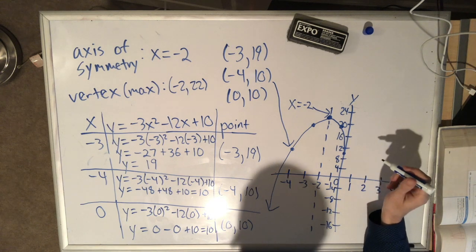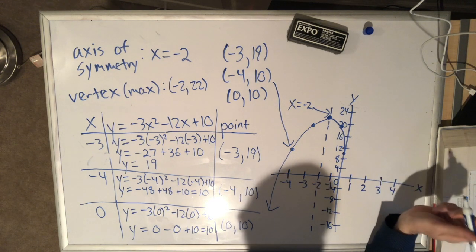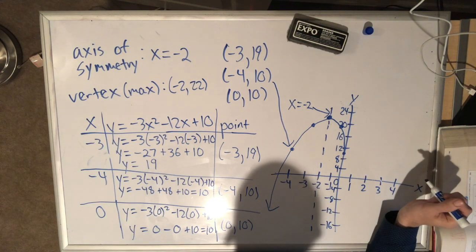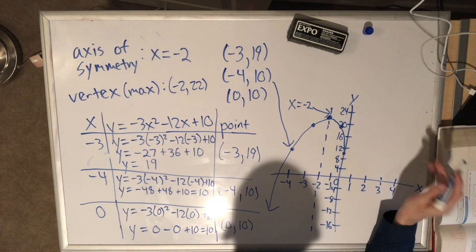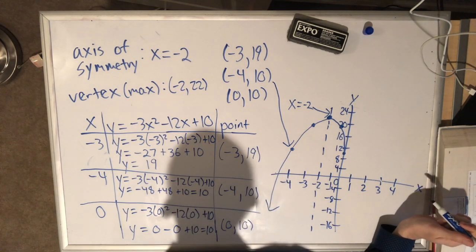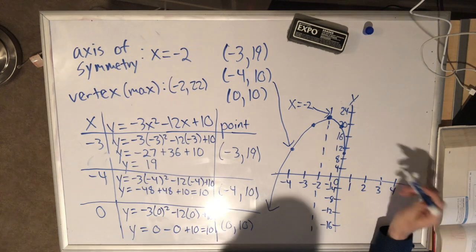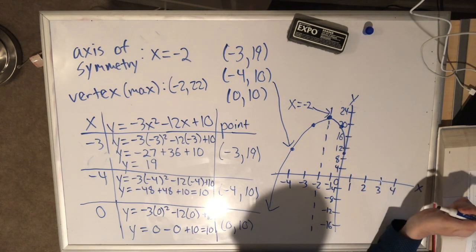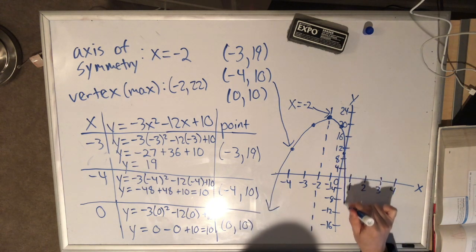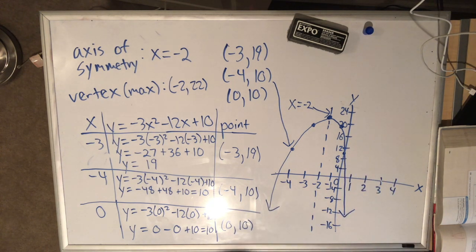And we don't know exactly where it crosses the x-axis because you haven't learned the quadratic formula yet. And the equation y equals -3x squared minus 12x plus 10 is probably not factorable. So let's not worry about getting the exact x-intercept. So let's just extend the parabola, draw an arrow to indicate it goes on forever in the other direction.